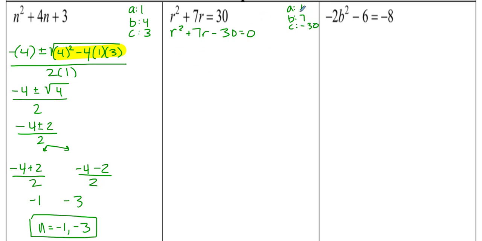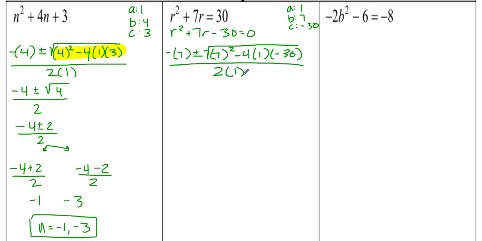All right, let's start plugging these in. We have negative, parentheses, my b, plus or minus the square root of my b value squared, so 7 squared, minus 4 times my a value times my c value, and this is all over 2 times my a value.